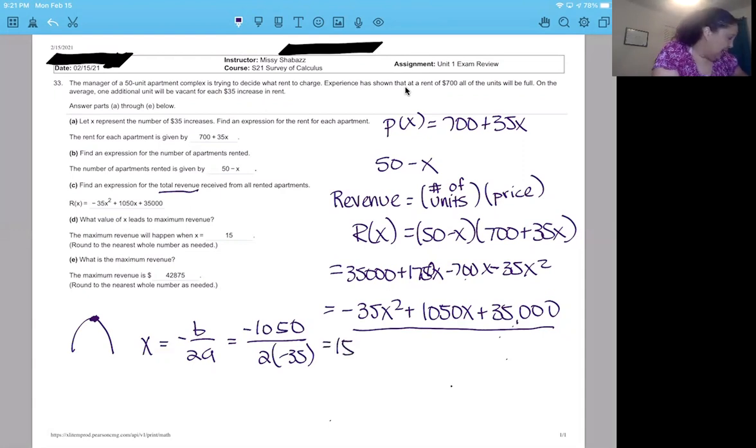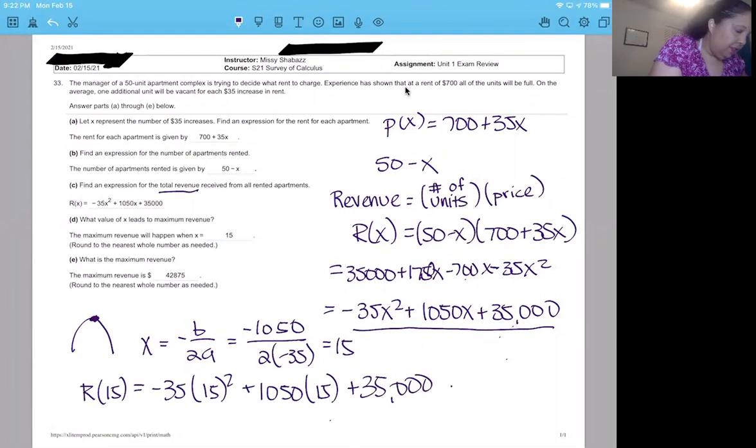All right, so that is going to give me the maximum amount of revenue, because I found the vertex of the revenue function. And then they're asking, what is the maximum revenue? Well, then I need to find the y value, right? So I'm just going to plug in 15 into my revenue function. Negative 35 times 15 squared plus 1,050 times 15 plus 35,000.